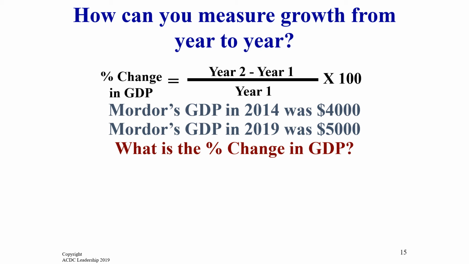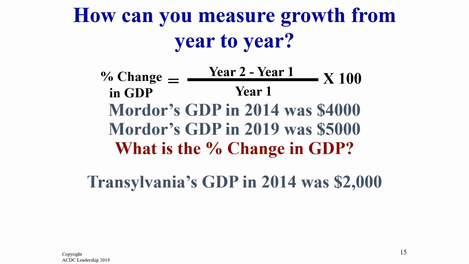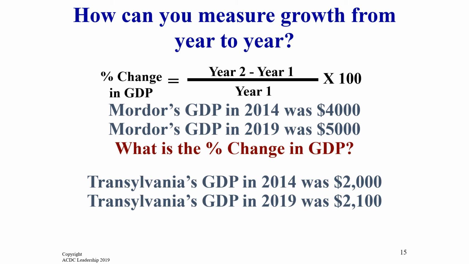So 5,000 minus 4,000 is 1,000 over 4,000. So what is the change? Oops, sorry about that. Let me get my pen out here. I thought it was going to pop up for us, but it's not. So here, let me do it.